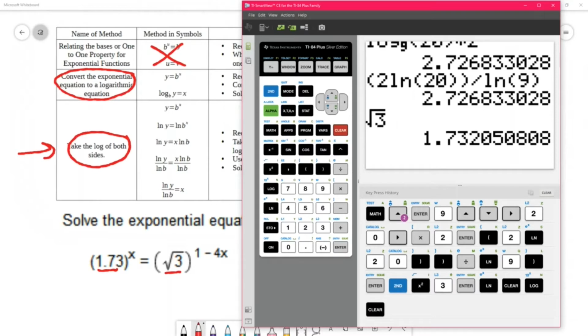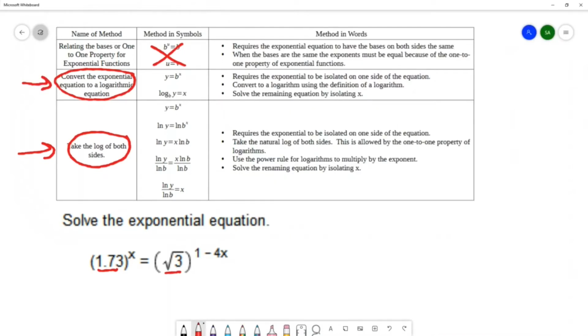But I always use natural log because the symbols are special and that button is on the home screen of my calculator. If you were going to use this method of converting, your log would have the base that is in your exponential.